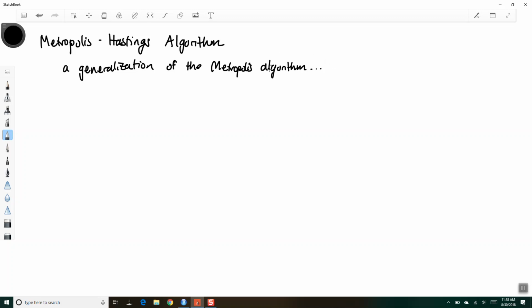And it is that the proposal distribution no longer needs to be symmetric.